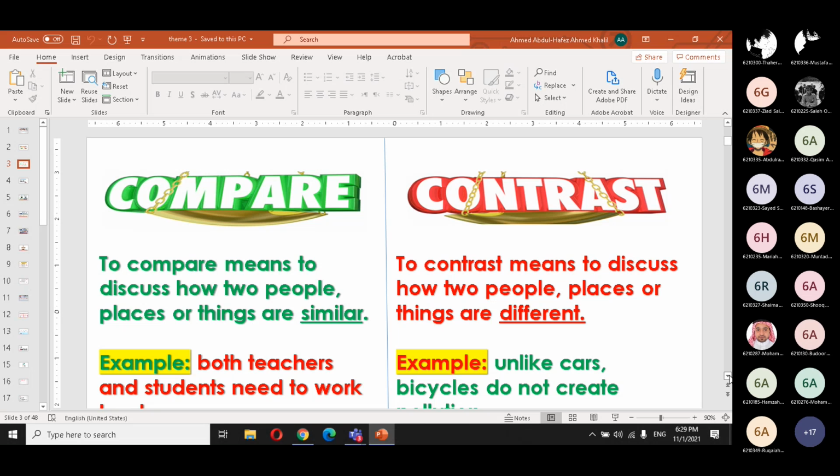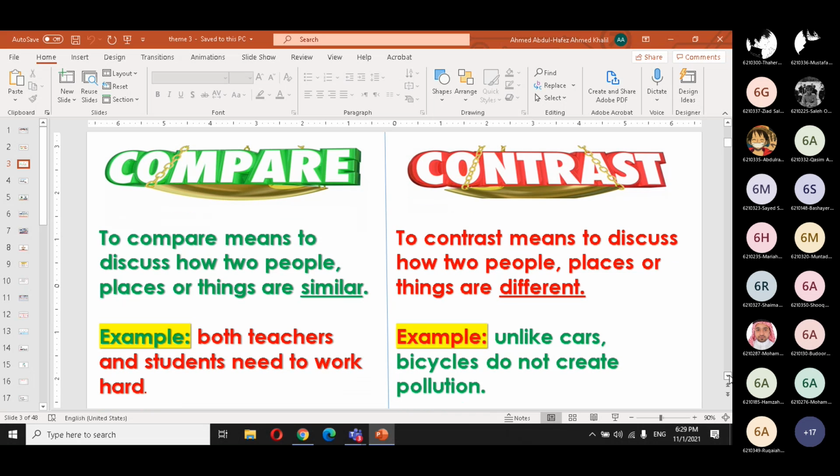What's compare and contrast? To compare means to discuss how two people, places, or things are similar. If you compare two things, this means that you show that they are similar. You show the similarity. For example, if you are comparing a Samsung mobile phone to an iPhone, what's similar?